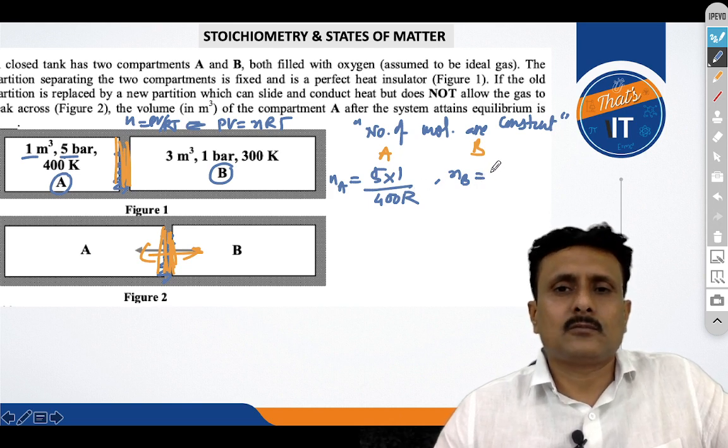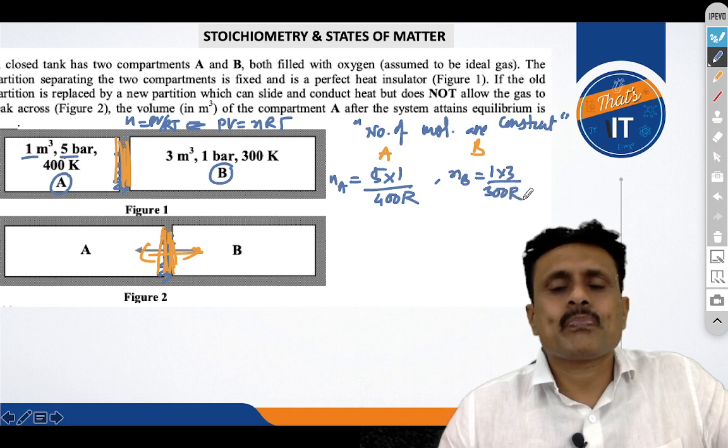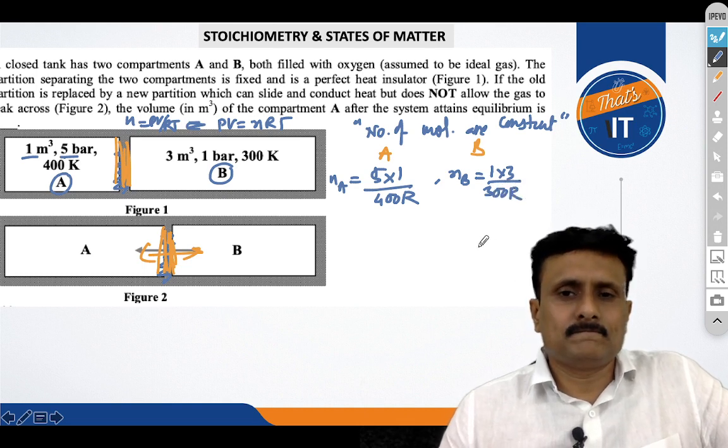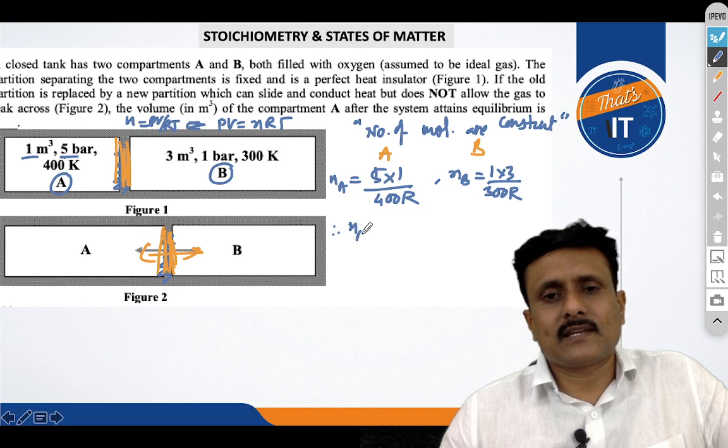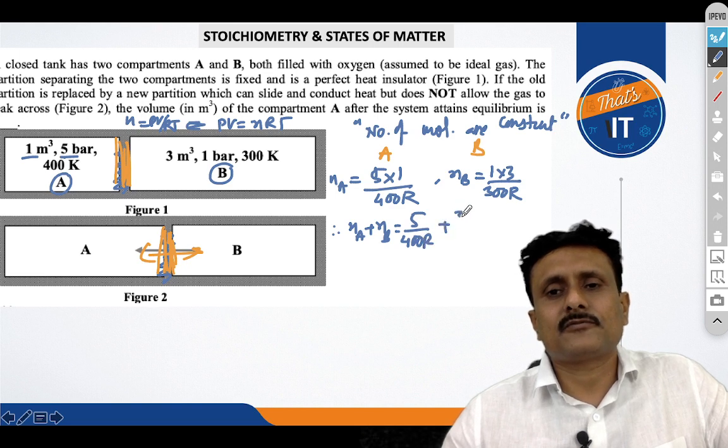Pressure is 1 into 3 by 300 into R. Therefore total number of moles Na plus Nb is going to be 5 by 400 R plus 3 by 300 R.